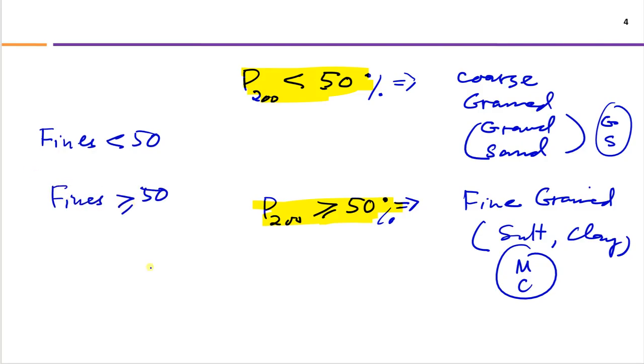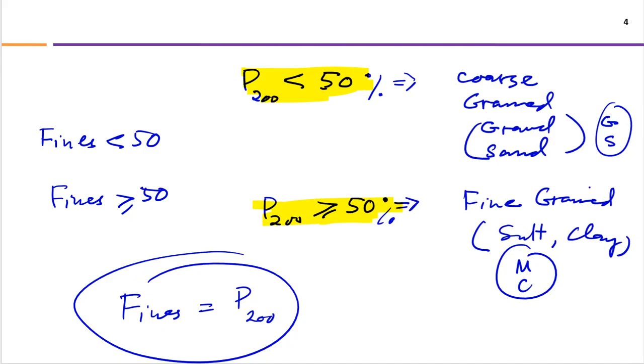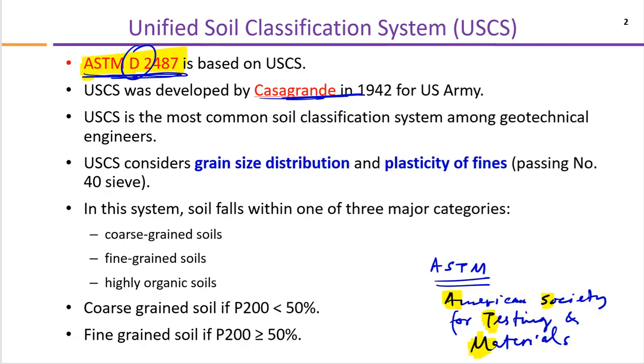Remember, fines is actually passing number 200. This is the same thing. If P200 is less than 50, it will be called coarse grained soil, and if P200 is more than 50, it will be called fine grained soil.